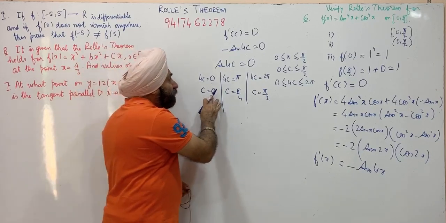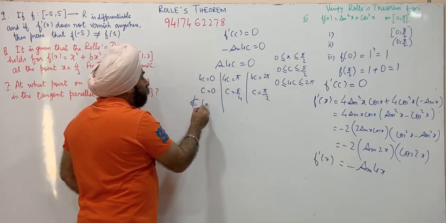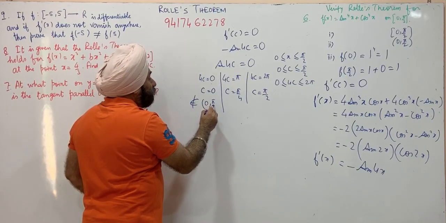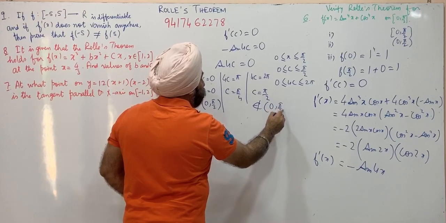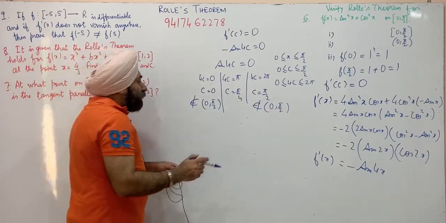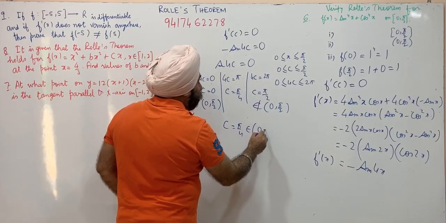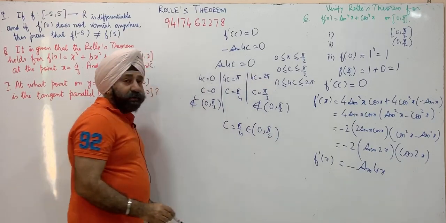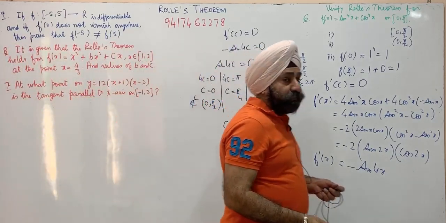This value and this value do not belong to the open interval 0 to pi by 2. These are values lying in the closed interval. The value of c which is pi by 4 belongs to the open interval 0 to pi by 2. So this is the value, and this verifies Rolle's theorem.